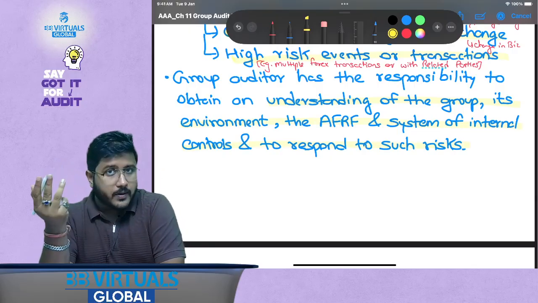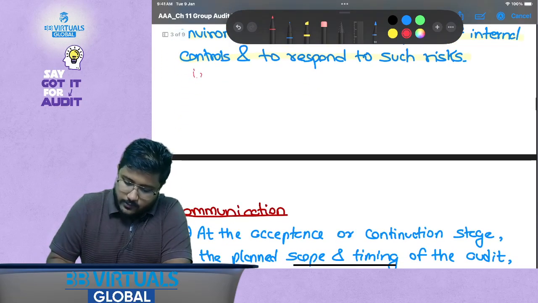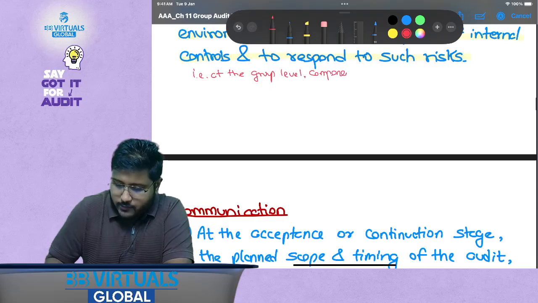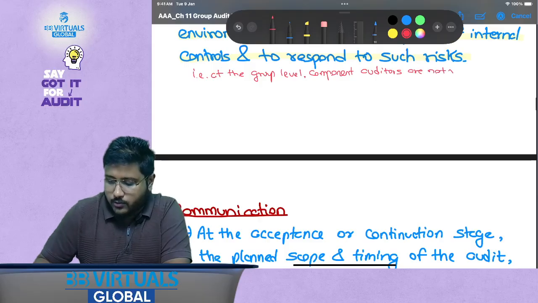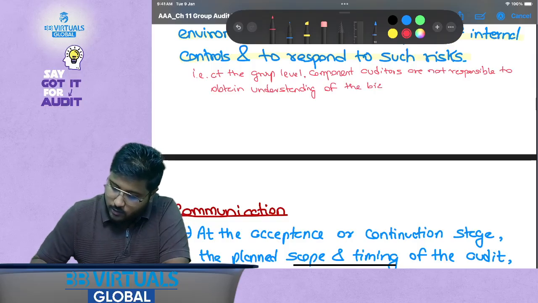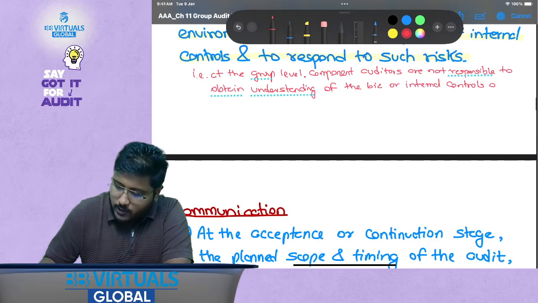That is, at the group level, component auditors are not responsible to obtain an understanding of the business or internal controls or accounting systems.